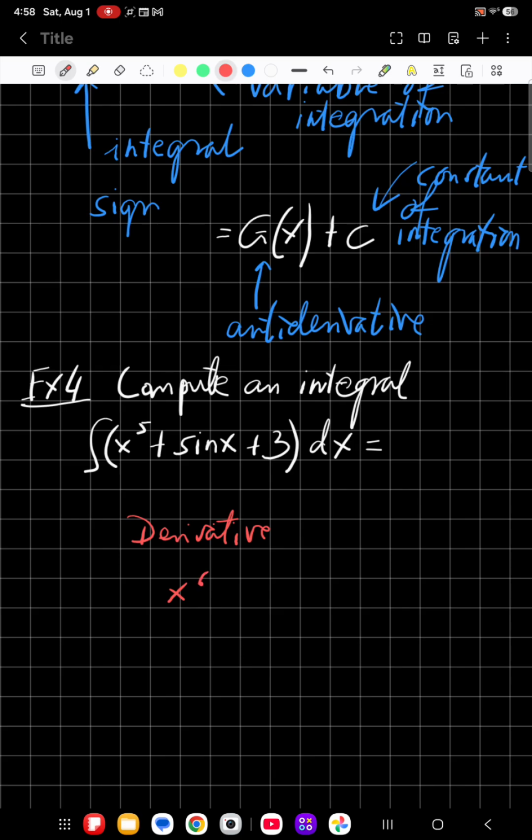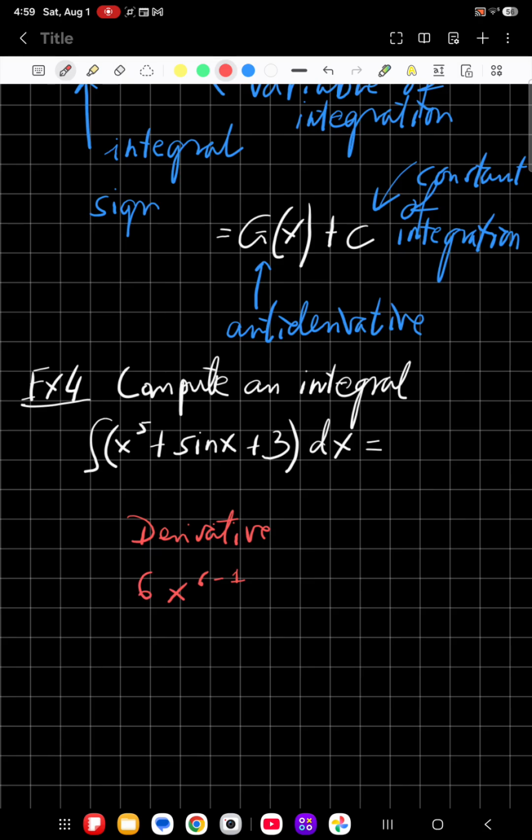Because the rules of differentiation tell me that I need to subtract 1 from that exponent. So if my exponent is supposed to be 5 after I've done that differentiation, I need to have 6. But also that 6 goes to the front.